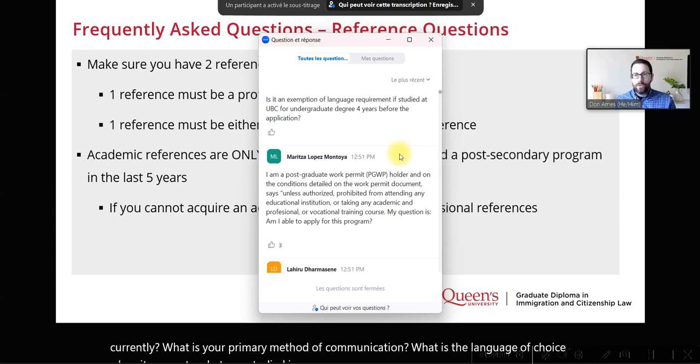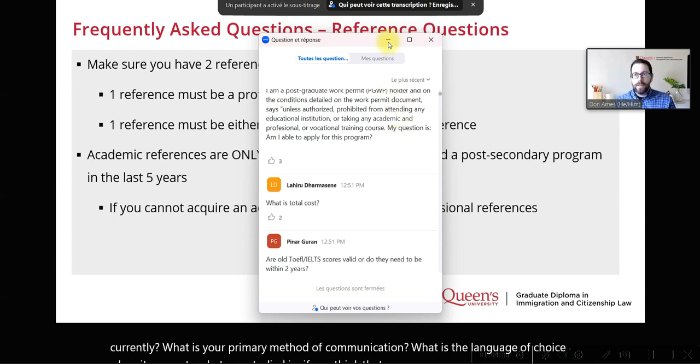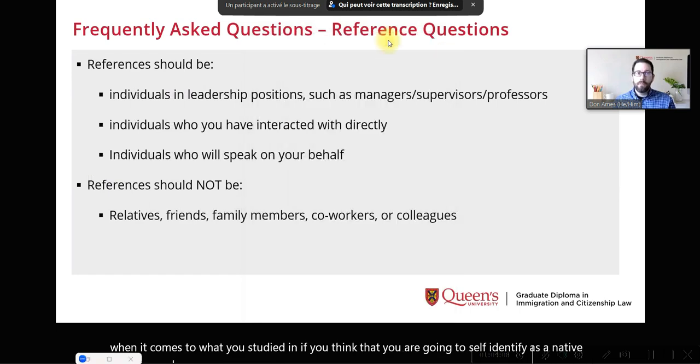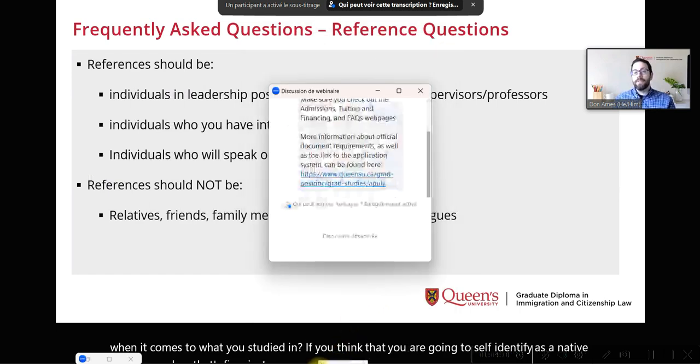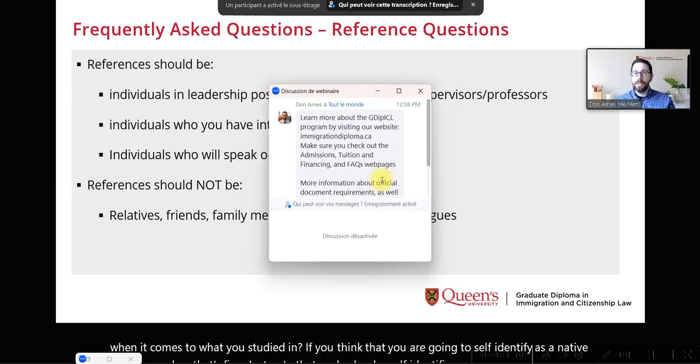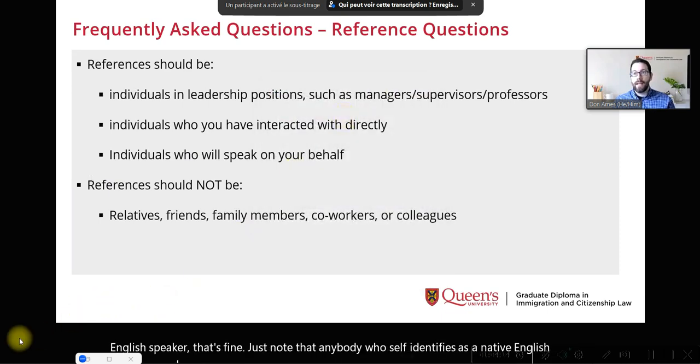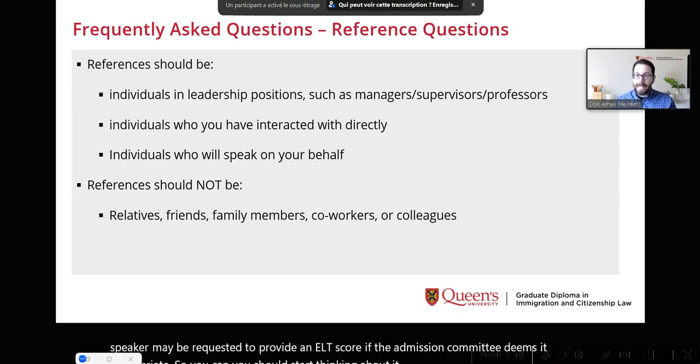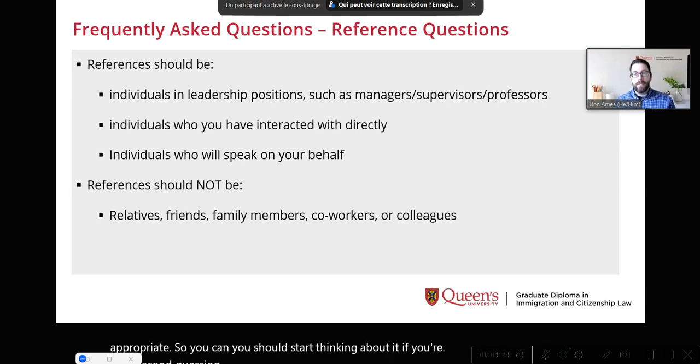If you think that you are going to self-identify as a native English speaker, that's fine. Just note that anybody who self-identifies as a native English speaker may be requested to provide an ELPT score if the admission committee deems it appropriate. So you should start thinking about it. If you're second guessing, start thinking about those ELPT scores, because you never know if you'll be requested for that.